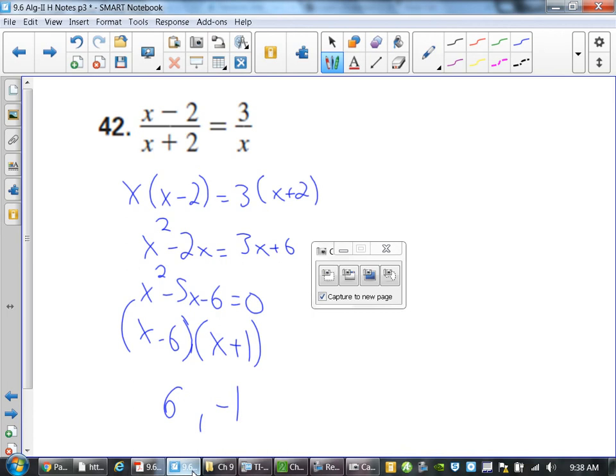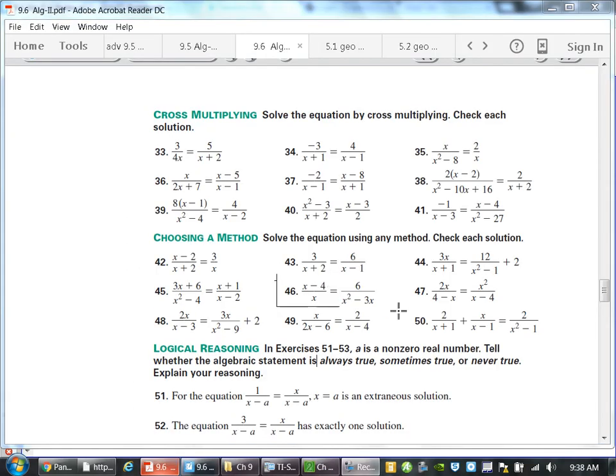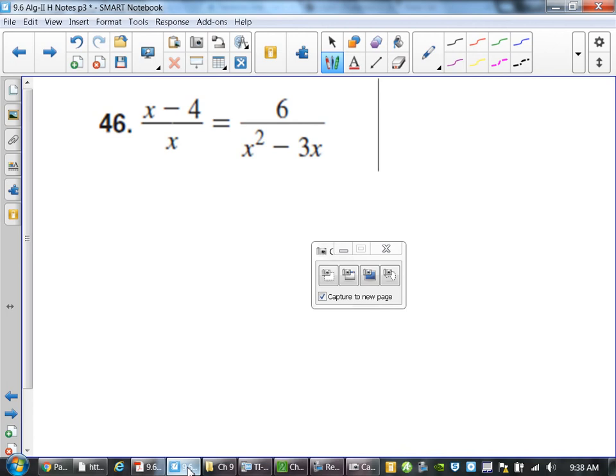What else we got? Alicia, what do you got? 46. Sure. I don't think it works. Fraction equals fraction, we cross multiply. So we're going to have x squared minus 3x times x minus 4 is 6x.